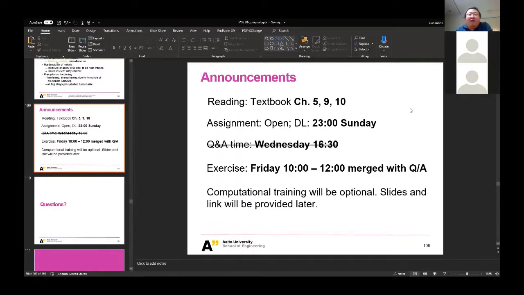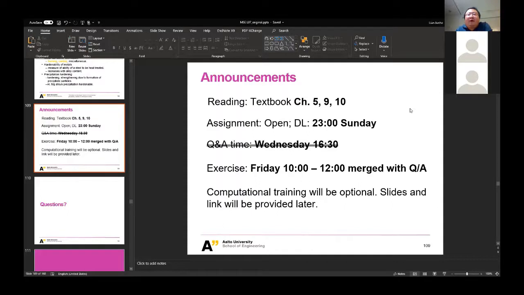What we changed also, in addition to the content, is we reduced the computational training. We put it into the optional as one strategy for those people who still would like to get the computational training. But that will not be incorporated into your assignment. So for those who wished for this, you should be happy now.